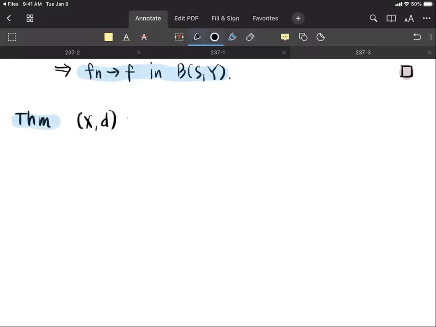So let us state the assumptions. I have a metric space (X, d). Then there exists a complete metric space. In fact, it is a Banach space. Take note that a Banach space is a complete normed space, and a normed space is a metric space. Therefore, Banach spaces are complete metric spaces.